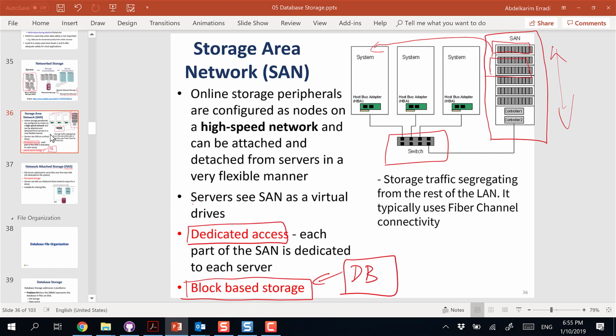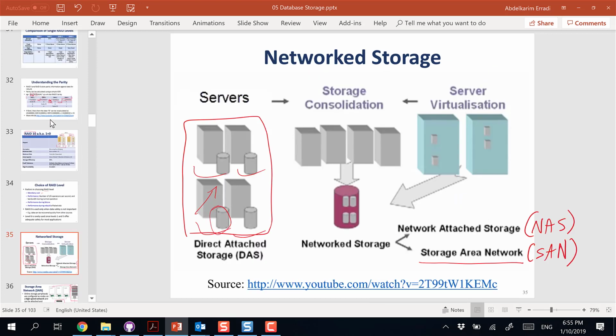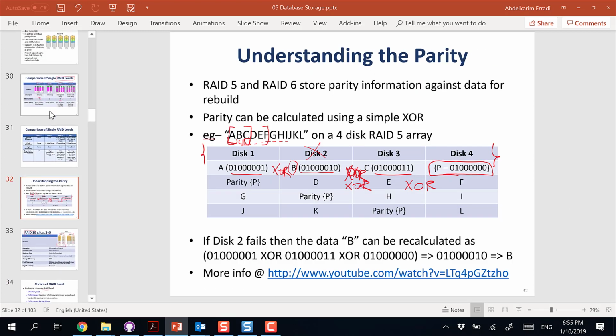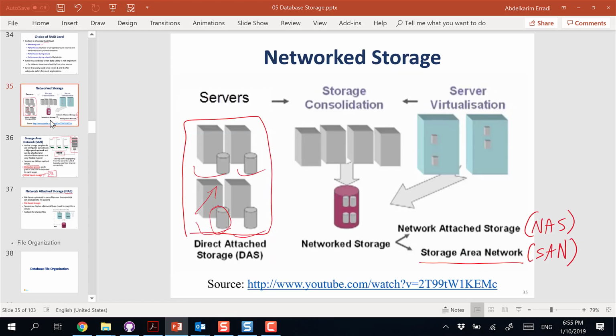It comes with its own management software to back up, to restore, to increase capacity, and so on. It's not something you will build yourself from scratch. If you want to build things from scratch, you will go for RAID and configure it yourself. But these are already pre-built solutions.